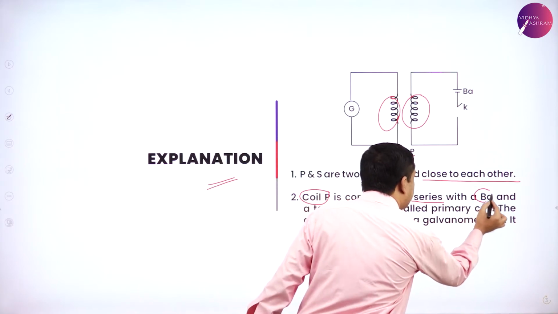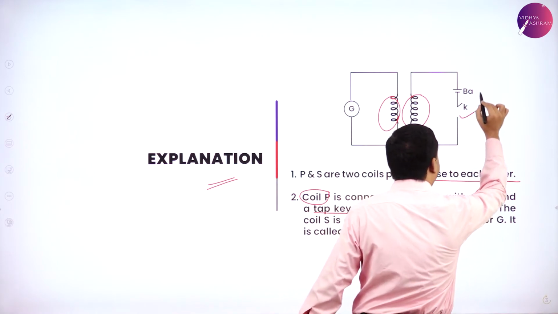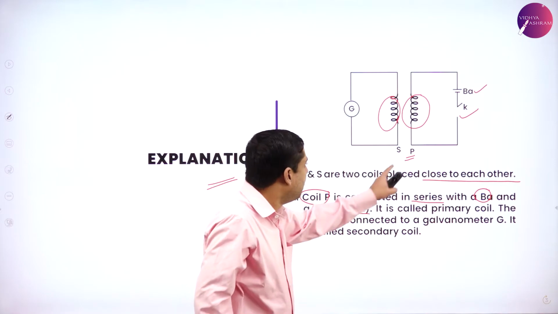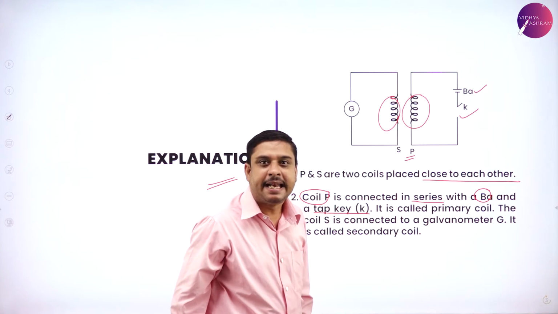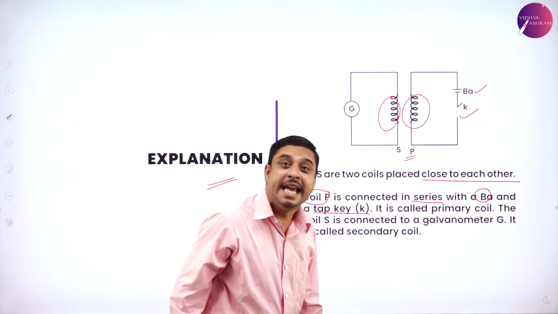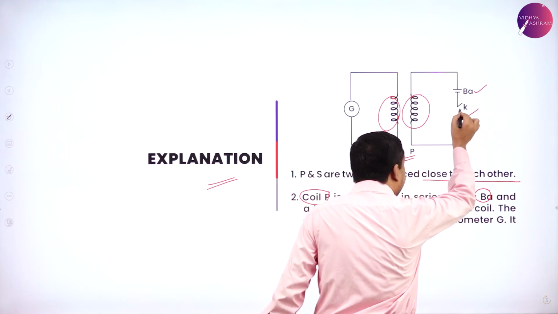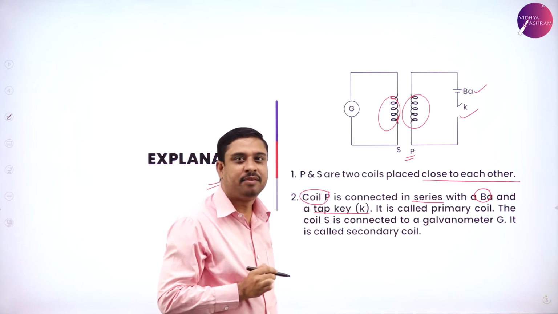With a battery and a tap key. So this is the tap key and this is the battery. So the coil P is connected in series with a battery and a tap key.